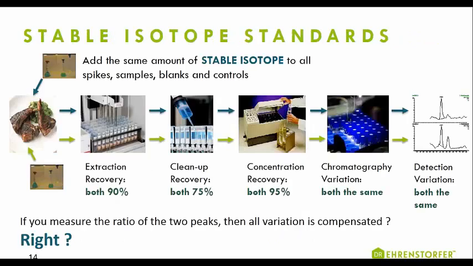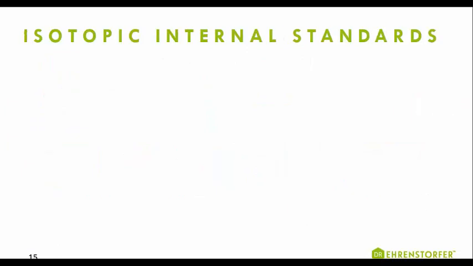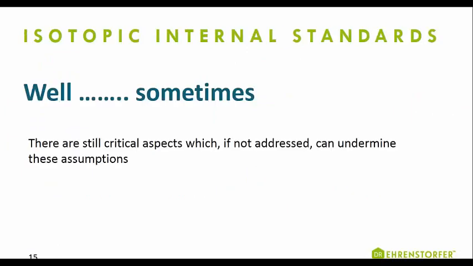So going back to the original question, if you now add a stable isotope internal standard in equal amounts to everything, then you should compensate for every source of variation, including those all-important LCMS matrix effects, right? Well, sorry, not quite.